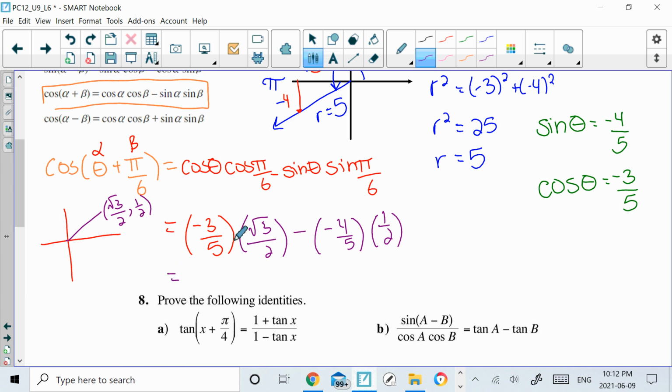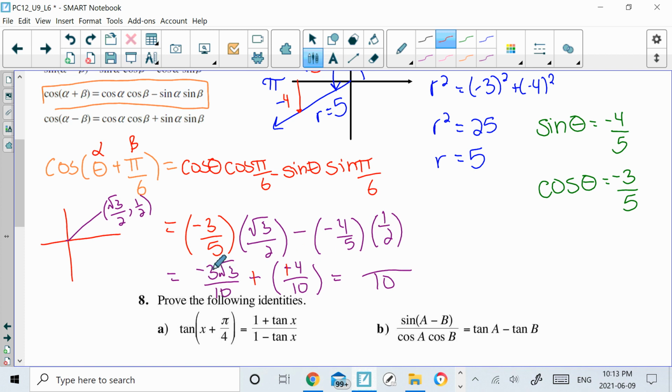Okay, evaluating this, -3 times √3 is -3√3, all over 10, minus -4 over 10. I've got common denominators of 10. For my numerator, two negatives are going to give me a positive, and I could write it in one of two ways.